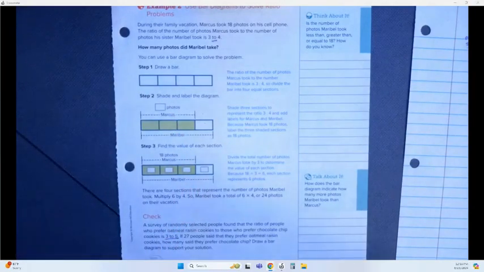We see that we're comparing a part to a part. We're not comparing the people that like oatmeal raisin to all of the cookies in the world. We're not comparing the people that like chocolate chip to all of the cookies in the world. We're comparing oatmeal raisin to chocolate chip. So if we gathered a group of people, 3 of them would tell us they like oatmeal raisin, 5 would tell us they like chocolate chip.